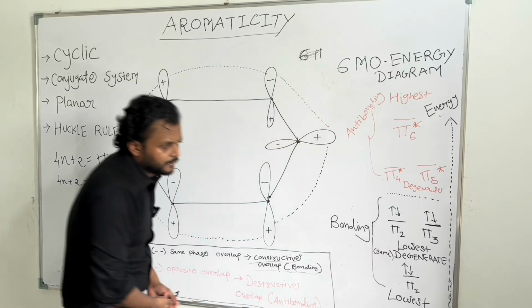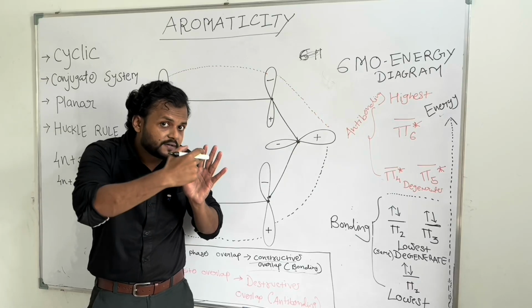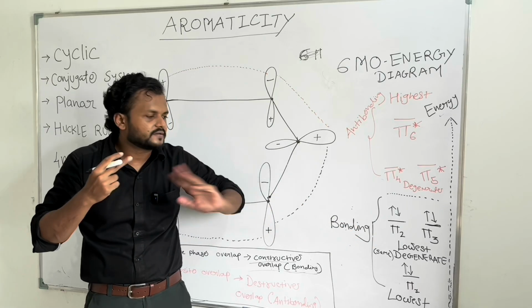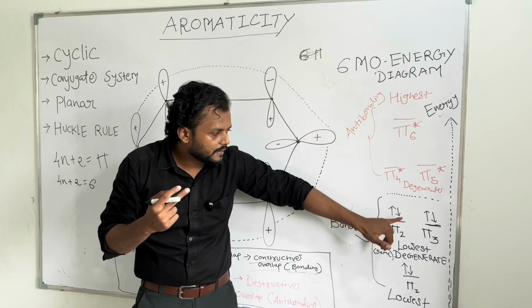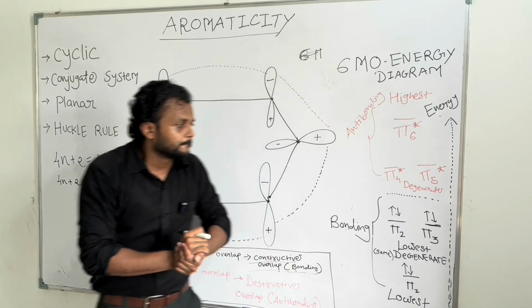You can see that these degenerate, same-energy two orbitals are having 4 electrons in each case. How many electrons can they have? 4 electrons.